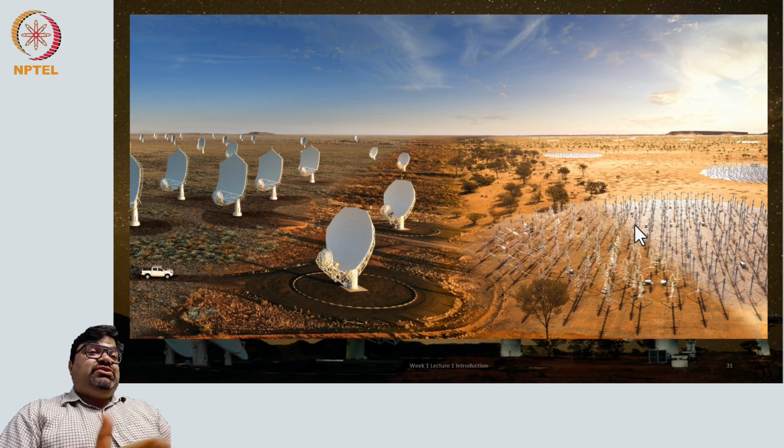Hence, we choose a very quiet part of the world with fewer human beings and less pollution from spectrum usage, and that's why these two are mainly built in desert areas in both countries.